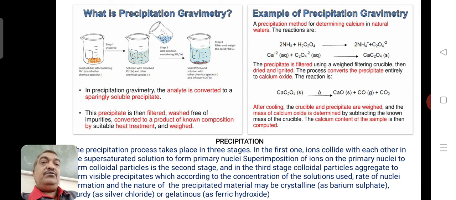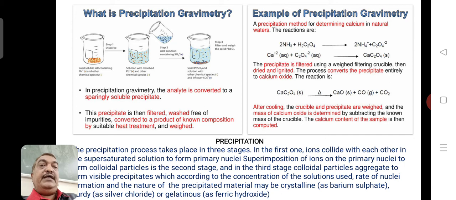To this you have to add a sulfate solution like sulfuric acid. When you add sulfuric acid and go on shaking slowly, after some time, keeping the reaction mixture, you will find some solid collected at the bottom, that is called a precipitate.